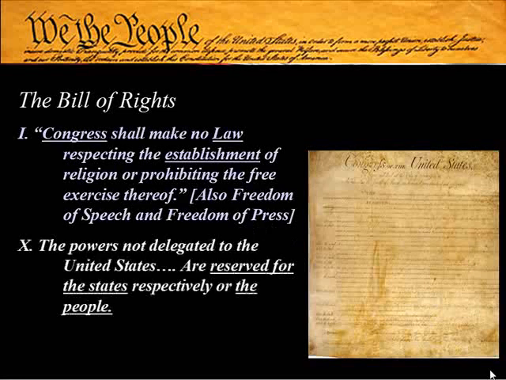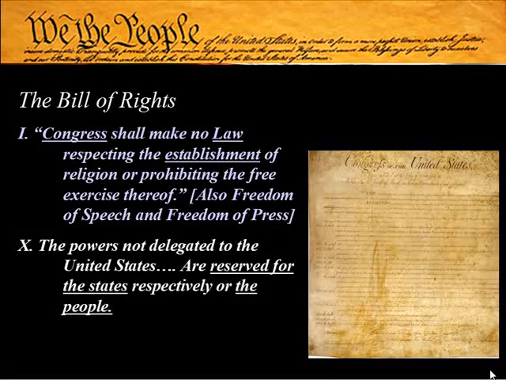What I want to make most note of here is Article 10 of the Bill of Rights, the 10th item on the list, and it says this: the powers not delegated to the United States are reserved for the states, respectively, or the people.